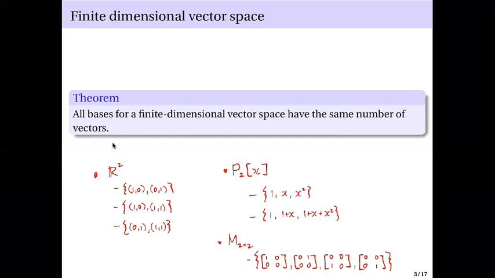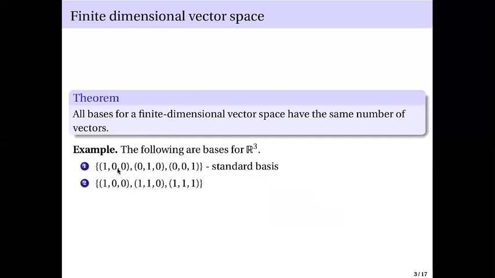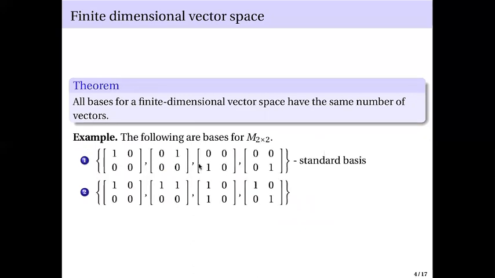Anyway, the point of this theorem is that if we found two bases for a vector space, then those two bases have the same number of elements. Here are those examples. For R3, you have here the standard basis, and this guy here is another basis for R3. For M22, this is the one that I discussed in the previous slide. We have the standard basis, and then this guy here is another basis.